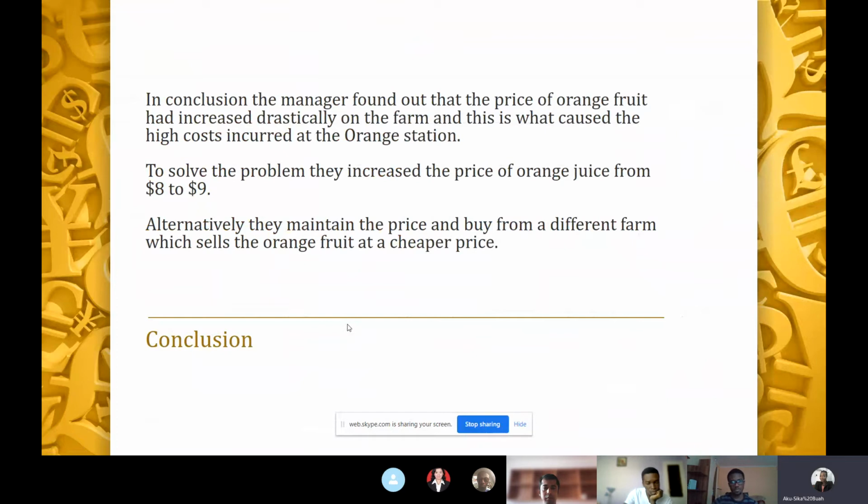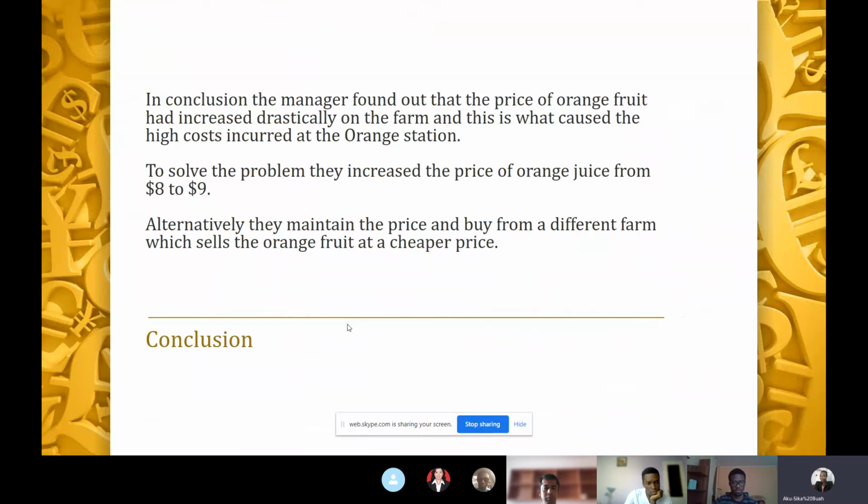In conclusion, the general manager, who is Aku, found out that the price of the orange fruit had increased drastically on the farm. And this was the main cause of the high cost incurred at the orange station. However, the price of the product was $8.